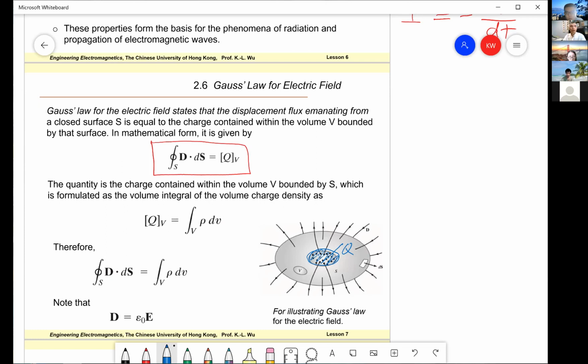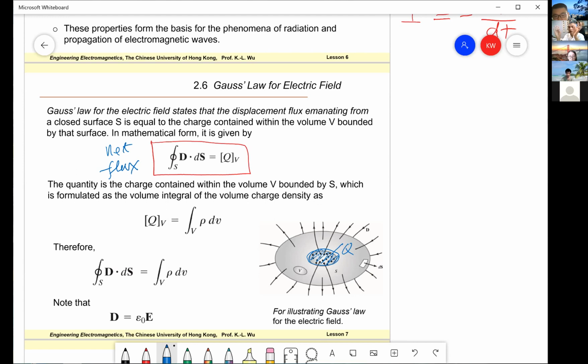If I have an imaginary surface, I can measure all the electrical field flux going out of this surface, the net contribution, the net flux. If we can collect the net flux, we know how much charge is included in this surface, right?